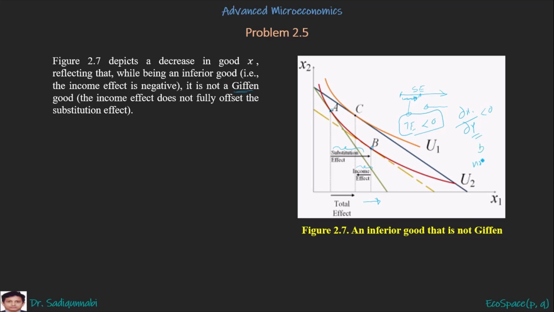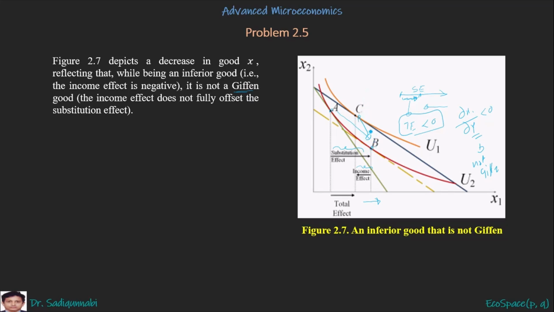Okay, so here we see the movement from here to there, and then there to C. So the good is not Giffen, but it is inferior.